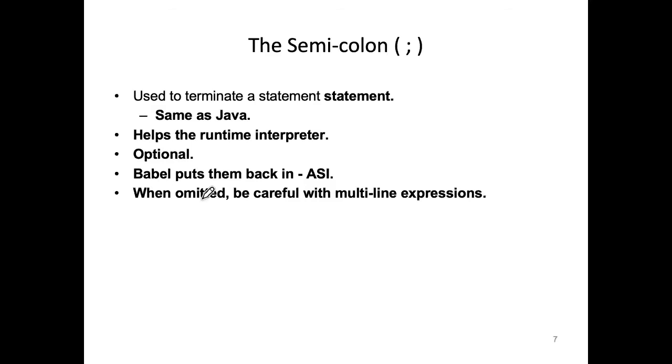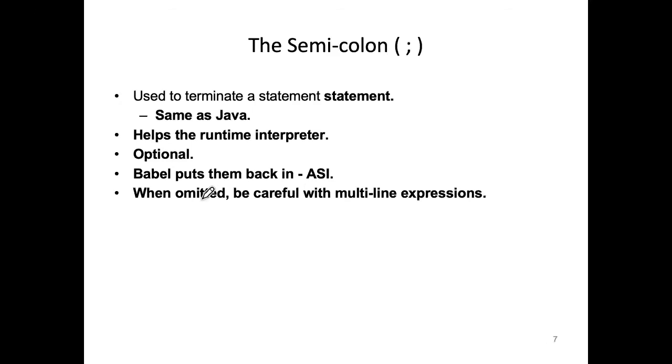Of course, JavaScript is not compiled, it is interpreted. In the early days of JavaScript, the semicolon was essential because it told the runtime interpreter where a statement ended, so that the interpreter could then begin to evaluate the statement and execute it.